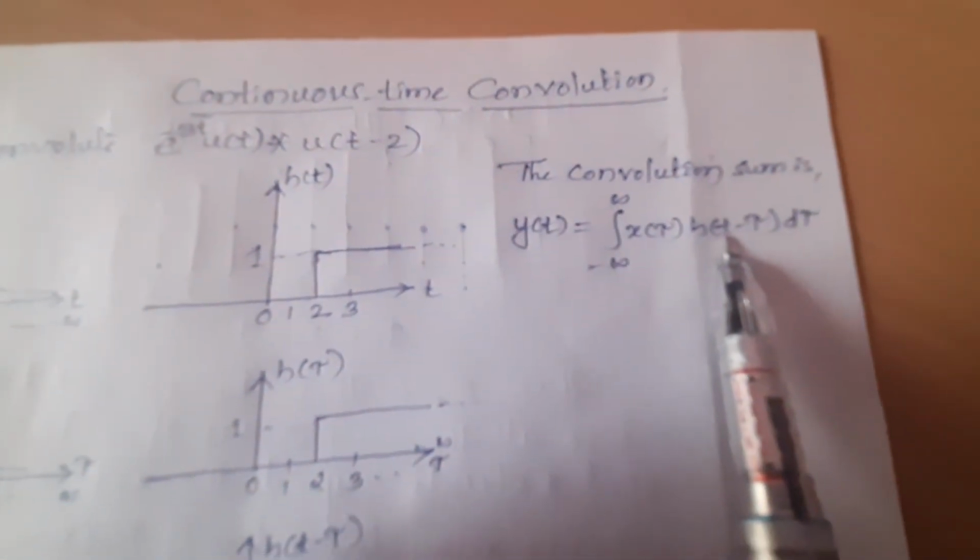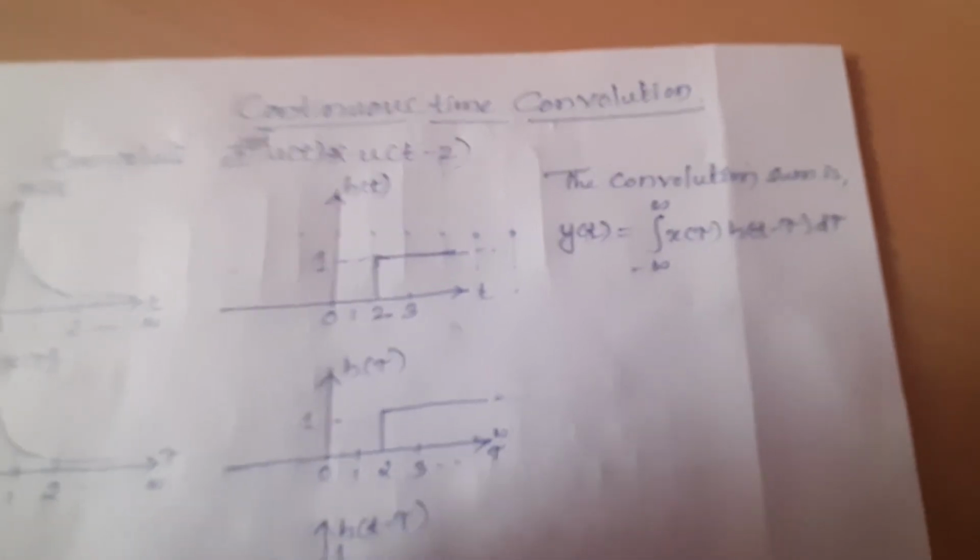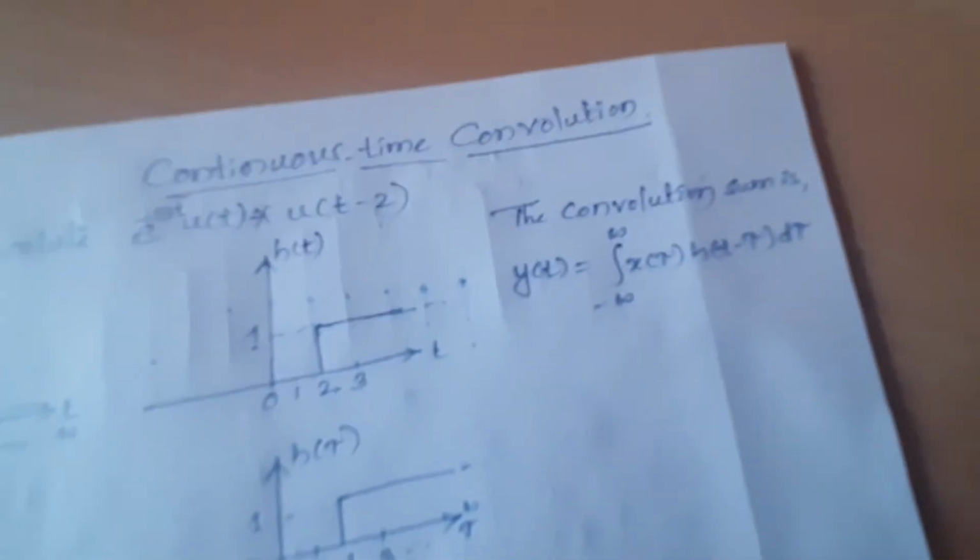And h of t minus tau is a shifted version of the signal.